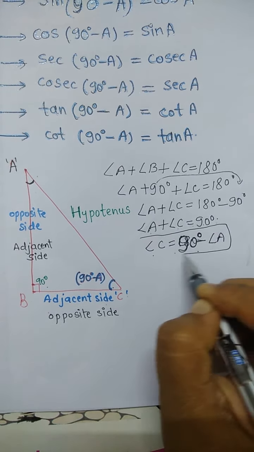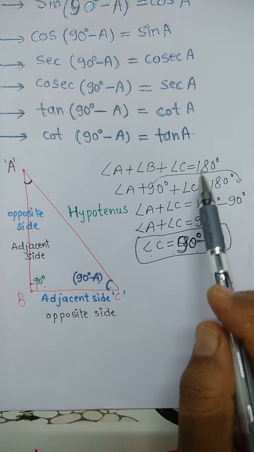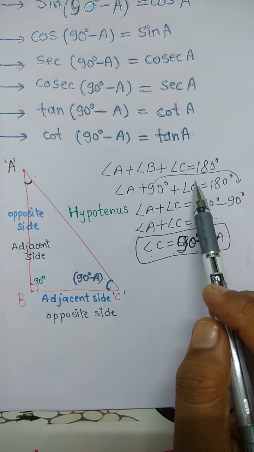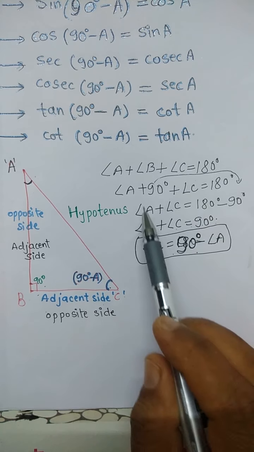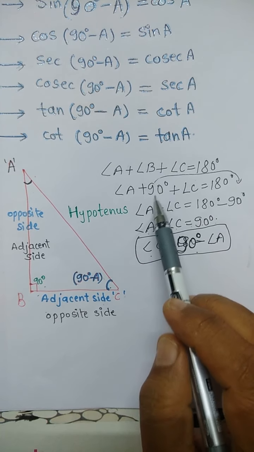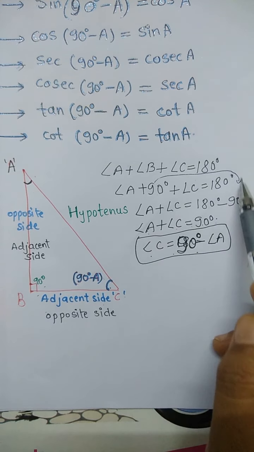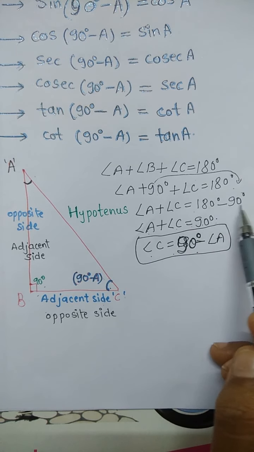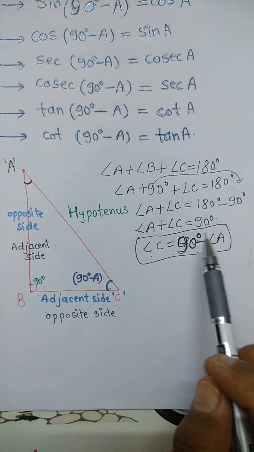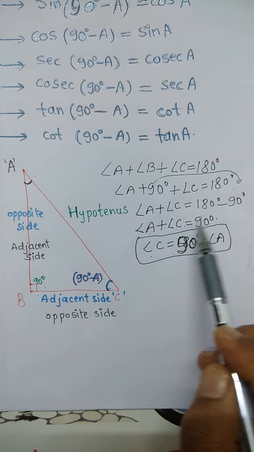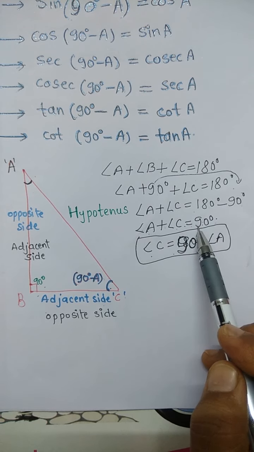What is the angle sum property of a triangle? You take any triangle, if you add the measures of all three angles, you will get a sum of 180 degrees. This is true. Now angle B is 90 degrees. Put the value of angle B, then take 90 to the other side: angle A plus angle C equals 180 minus 90, which is 90 degrees.